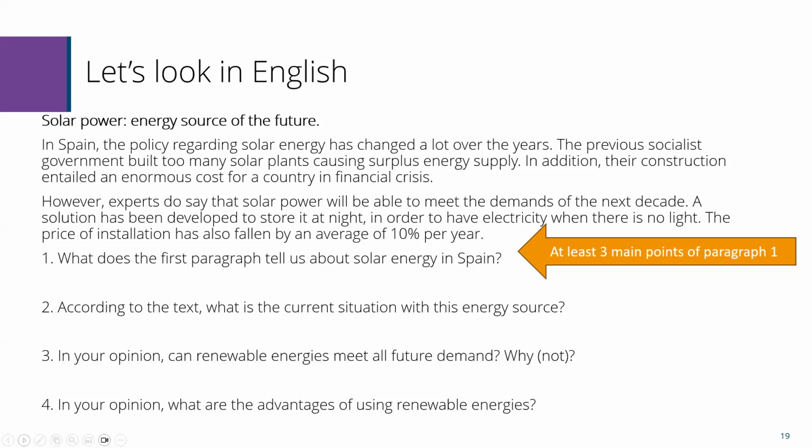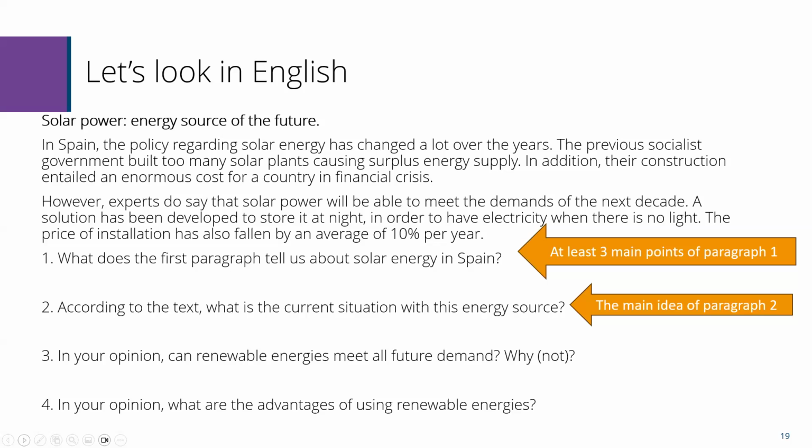And they need to summarize them. Okay. And then question 2, according to the text, what's the current situation with this energy source? So we're looking for the main idea of paragraph 2. Okay, so this is not specific points, but the main idea.